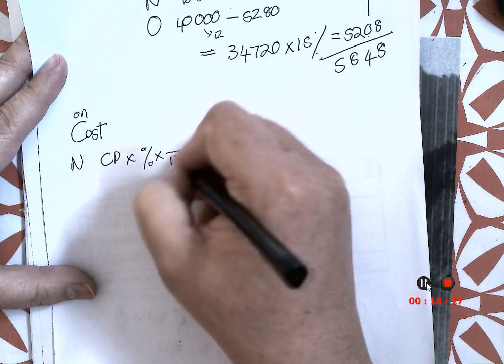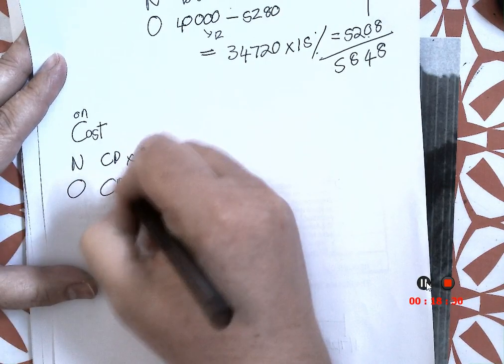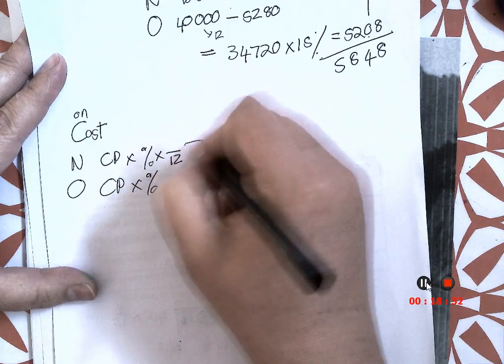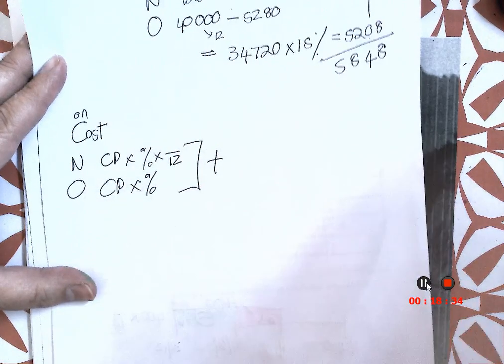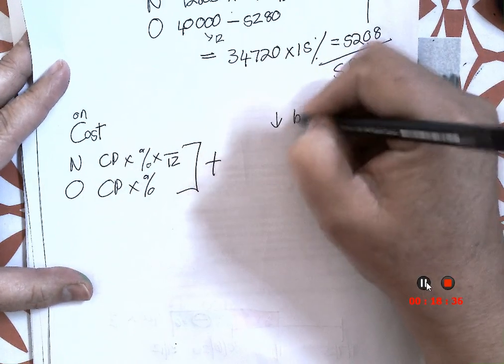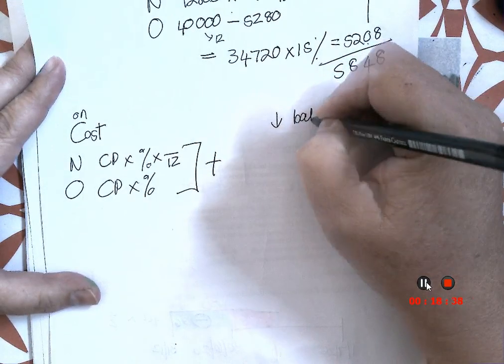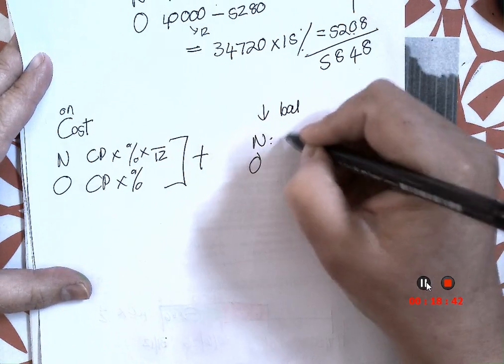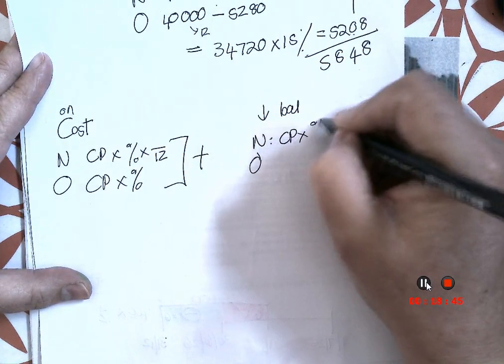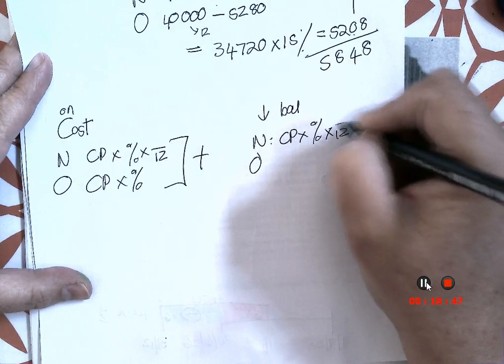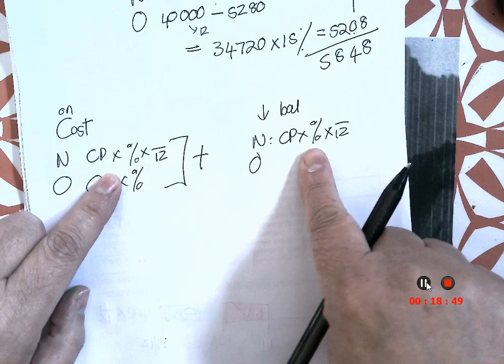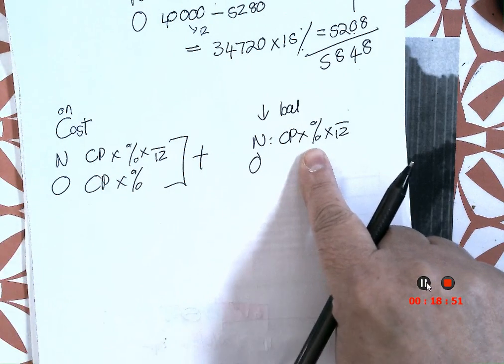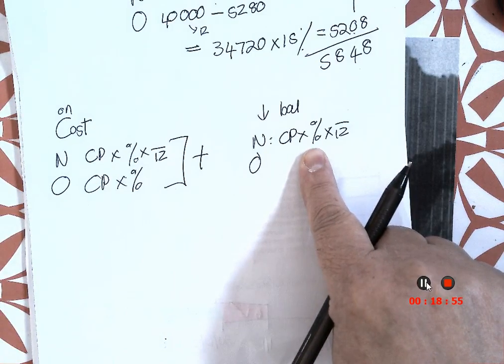The old one, the cost price, the percentage. You add. If it's the diminishing balance method, then the new one and the old one. The new one, I will say cost price, percentage over 12. Can you see? Same as with the cost method. Because in the first year of your new asset, your cost price and carry value is the same because you have not depreciated yet.